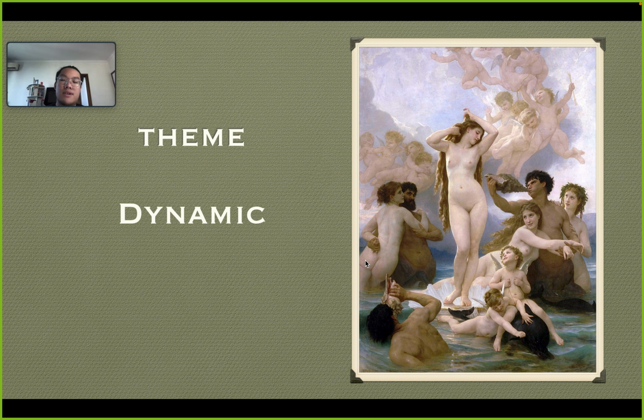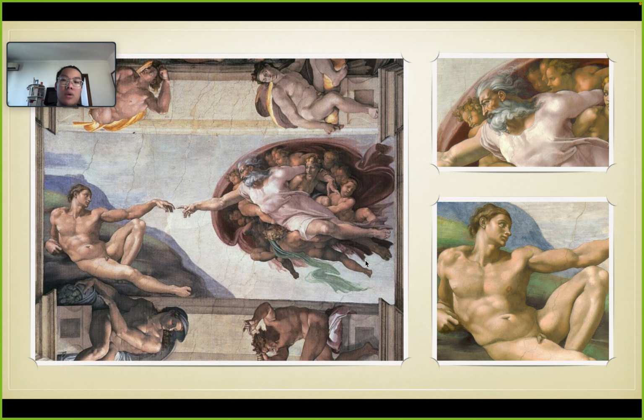And another thing in common is the dynamics. We can see that Adam is lying on the mountain, like he's just waking up. He points his finger to God, and God is pointing his finger to him.